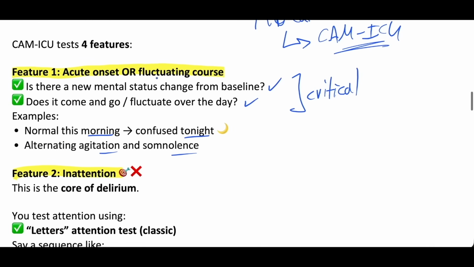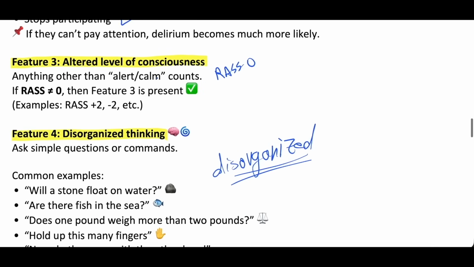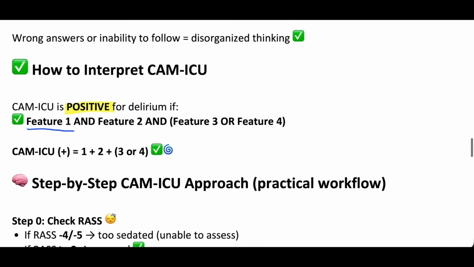If you're watching the video, if you're listening to the podcast, we'll narrate it as well. But feature 2 was inattentive. So you need to have feature 1 and feature 2, which means the patient needs to be inattentive, which we talked about with the squeeze my hand when you hear the letter A test, and they have to have acute onset or fluctuating altered mental status, okay?